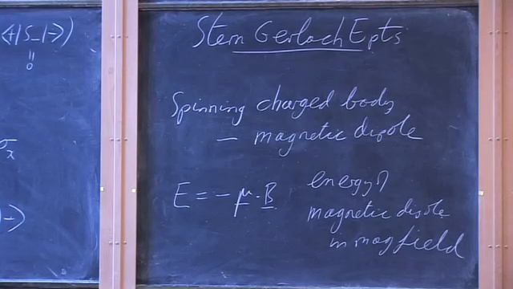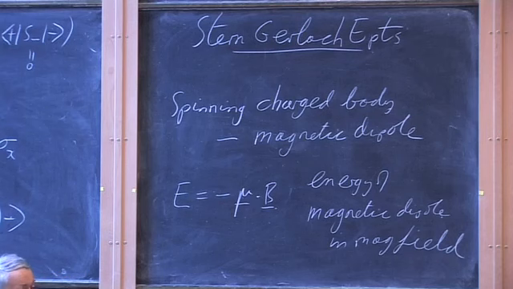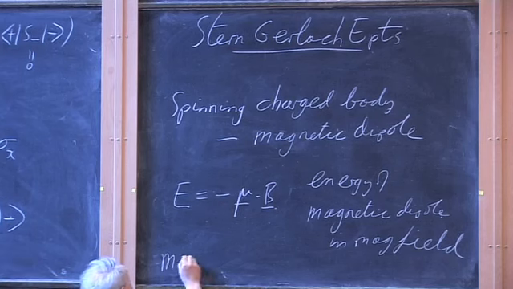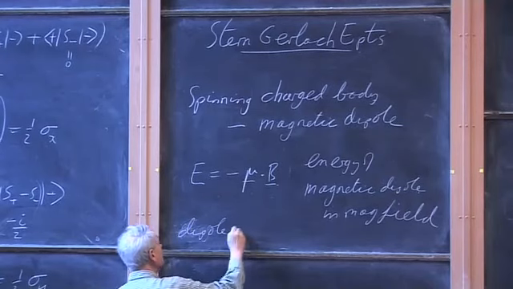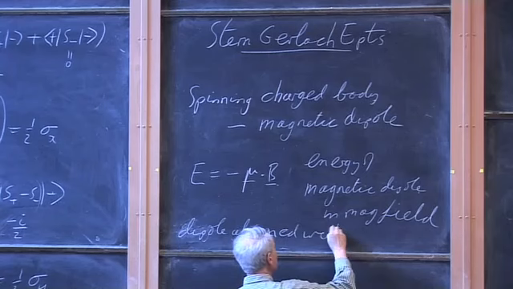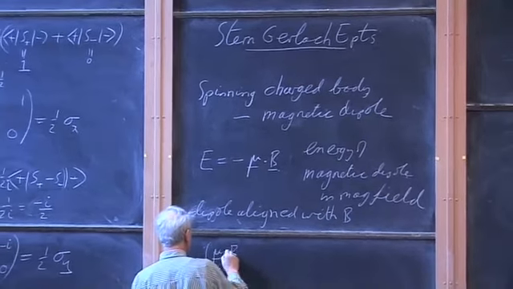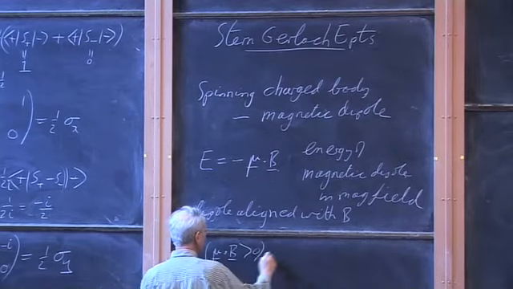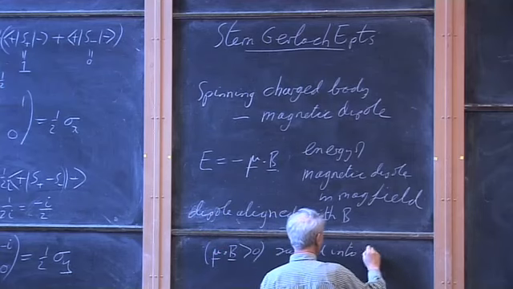So since things tend to move in the direction that minimizes their potential energy, we have that magnets aligned with B will be sucked into a region of stronger B. So a dipole aligned with B, so that means that mu dot B greater than naught, is sucked into a field.